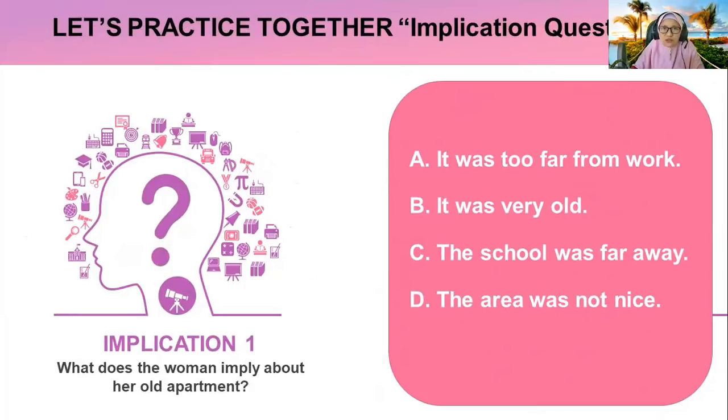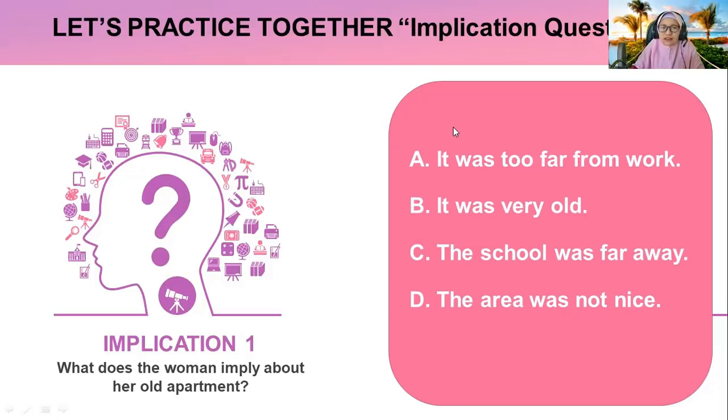Okay, now we come to implication questions. The third, yeah. On the third question here, this is the question that I told you before at the beginning of the problems. But on this audio, the speaker will ask you by saying, what does the woman imply about her old partner? You have to listen again to the audio and then tag it.